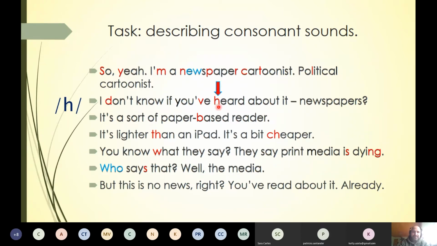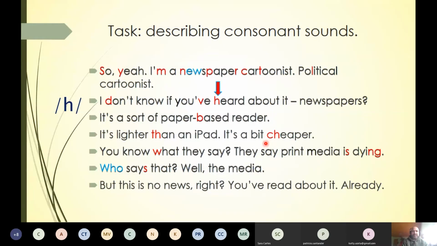So basically this is the phonemic analysis that you're required to do or perform.